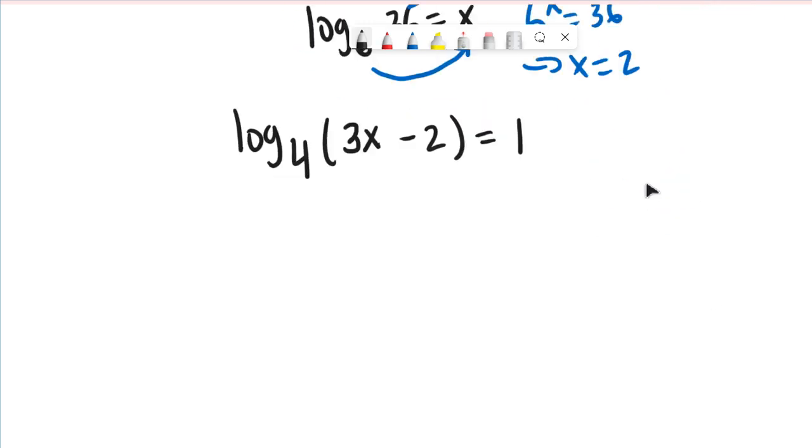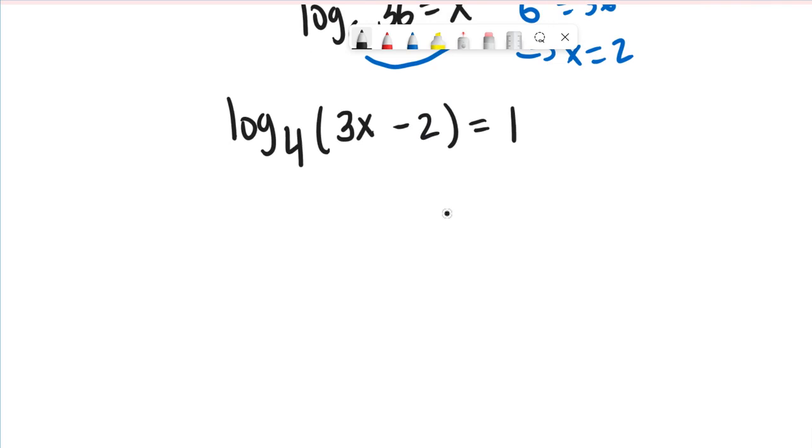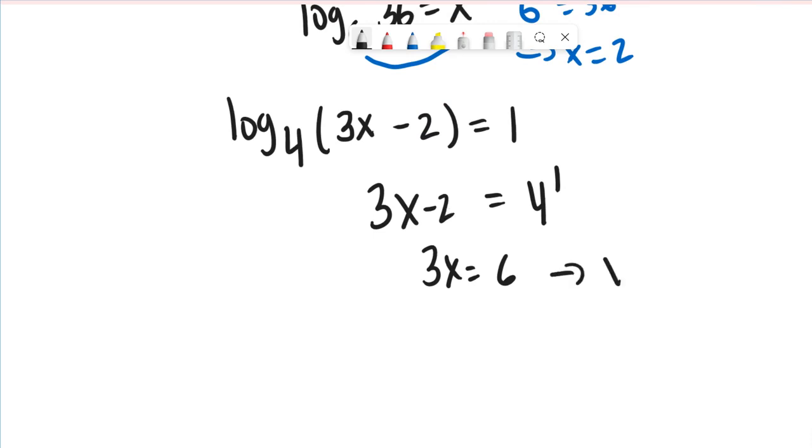Okay, now, in this case, this is telling you that 3x minus 2 has to equal 4 to the 1. So by solving for x, you get 3x equals 6, and that tells you that x equals 2. Okay, so x equals 2 for this problem, okay?